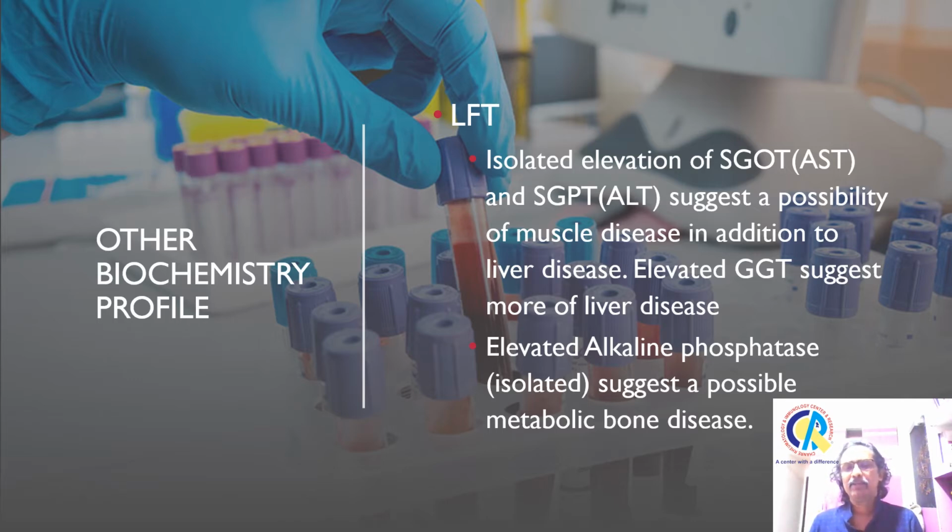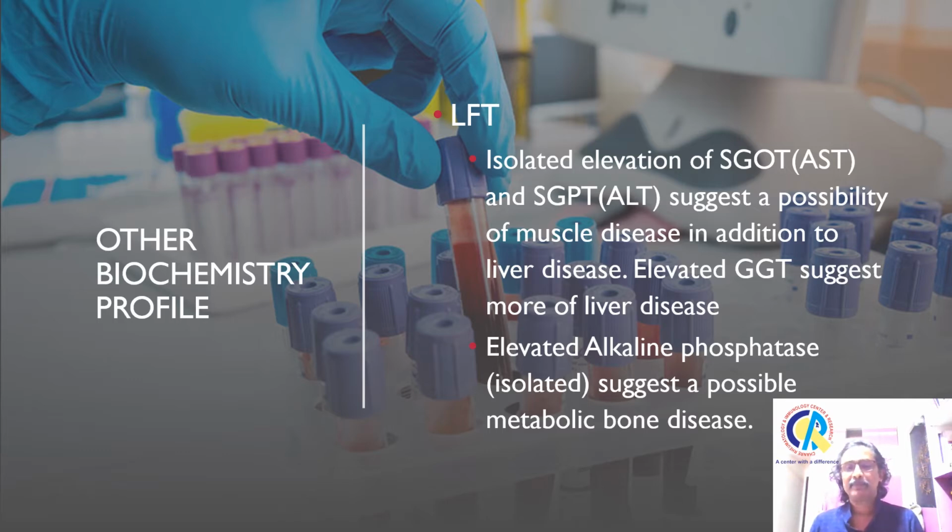At that time, one can ask for creatine phosphokinase, CPK-NAC, which, if elevated, clearly suggests a possible muscle disease. The entire clinical symptoms and signs could be part and parcel of muscle disease, or the disease in question may also be involving muscles.